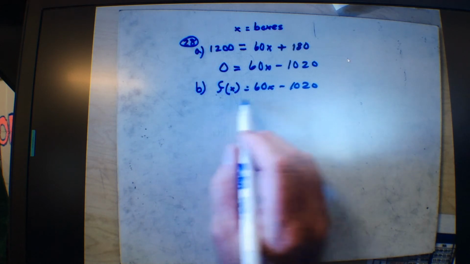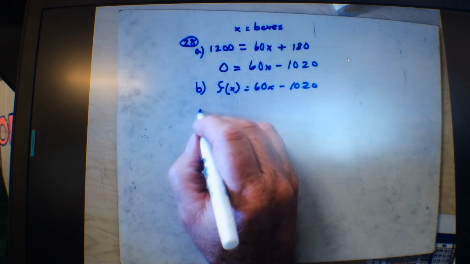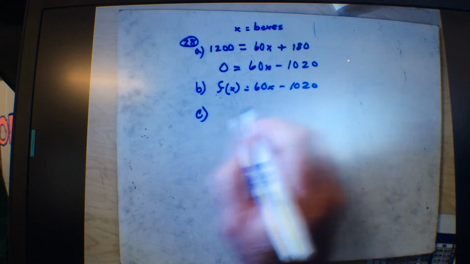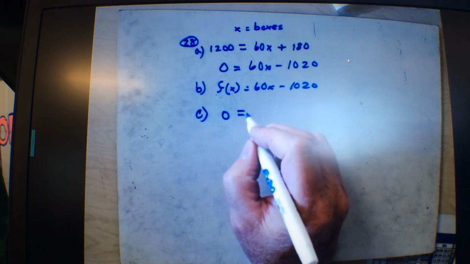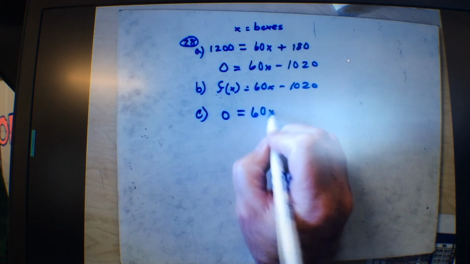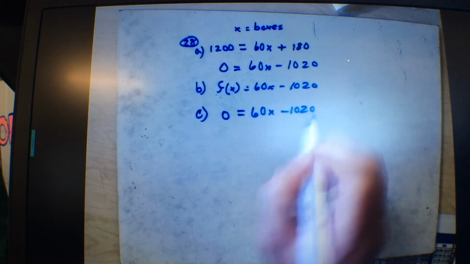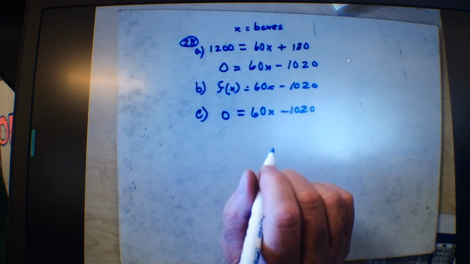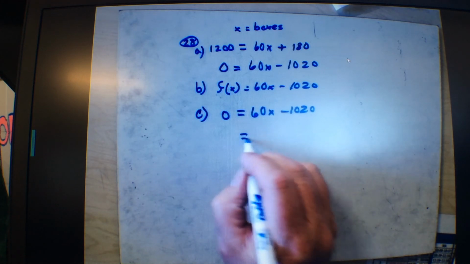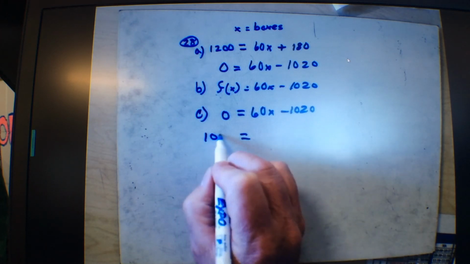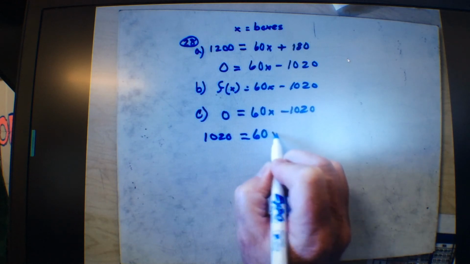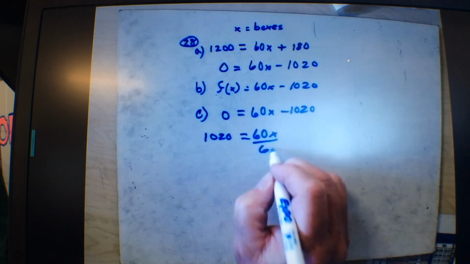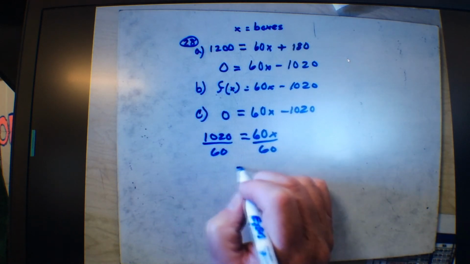Now it says find the 0. So we got to go back on C. We're going to solve this one, right? It says find the 0. We're going to solve this one. How do you solve this one without graphing it? We don't want to graph it because it's huge. Solve for x. So I move the 1020 over here and do what? Divide by 60. Divide by 60. Would it be negative or no?